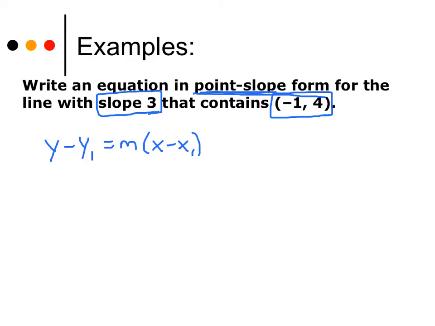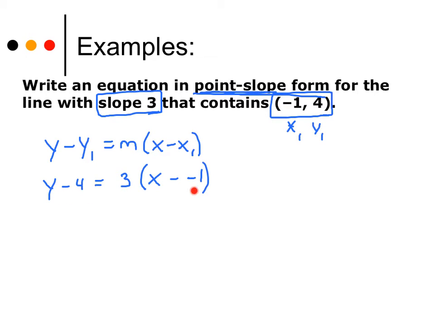That is the point-slope form. So all we're going to do is substitute. You have the point, this point, that is your x1, and that is your y1. So here we go. Y minus y1 is 4 equals, and then your slope is 3, and then x minus a -1.